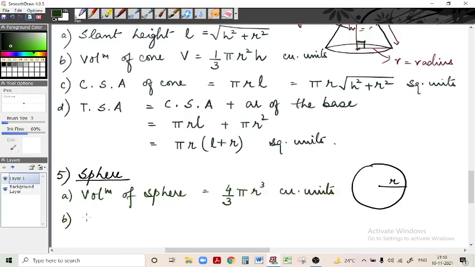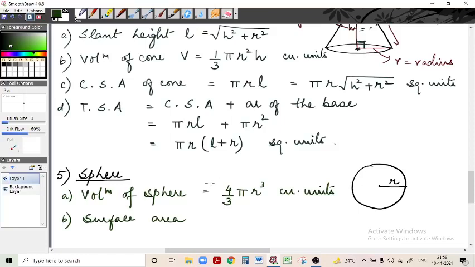If we are talking about surface area, we will not talk about curved surface area or total surface area, because in case of sphere we are not having any sides or vertices. So we will not go for curved surface area or lateral surface area, only surface area.